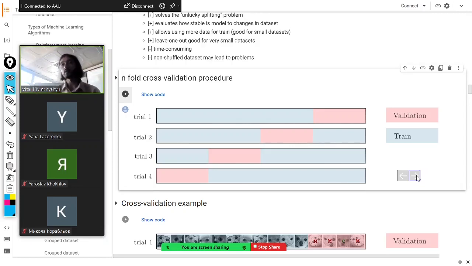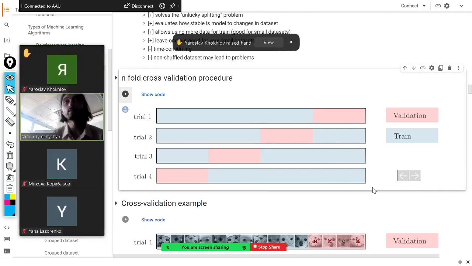Let's say 4 times. Of course, you can do that 5 times. For example, take 20% for validation and 80% for training. You can do that with 10%, so whatever, that depends. And here I got basically 4 numbers. So each time I have validated my model, and I have somehow predicted how good it is.